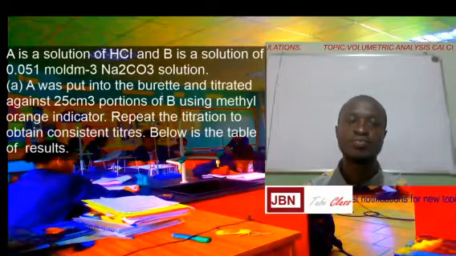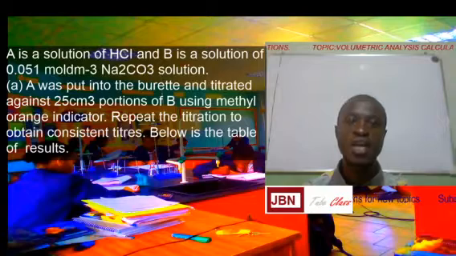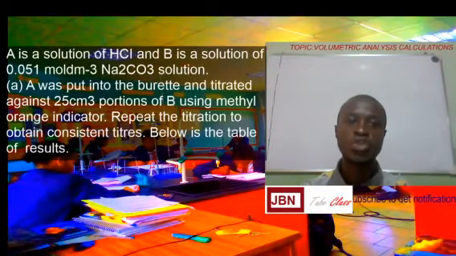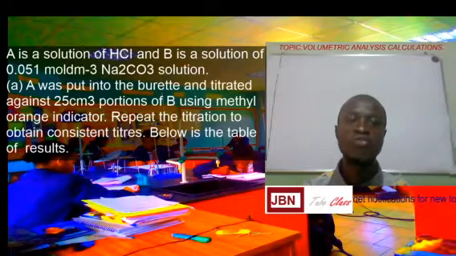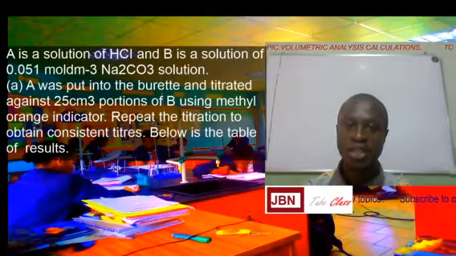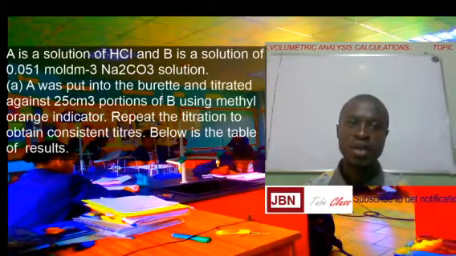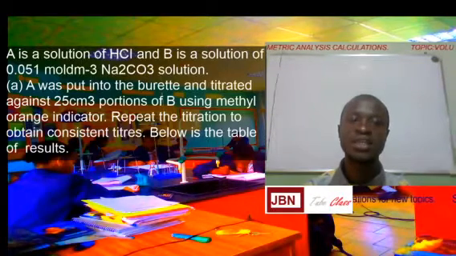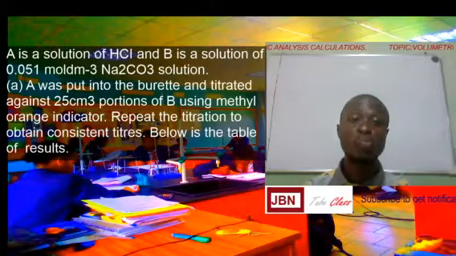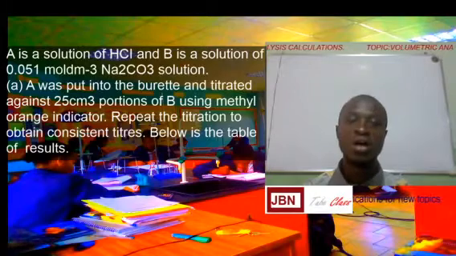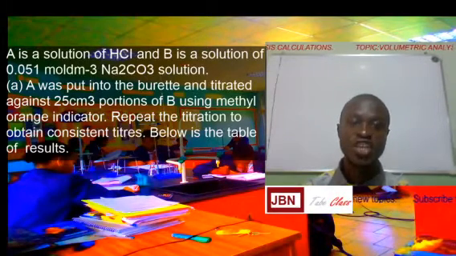You have a solution of hydrochloric acid A and then a solution of 0.05 mole per dm cube sodium carbonate. The solution of the acid was titrated against 25 cm³ portion of the sodium carbonate using methyl orange indicator.